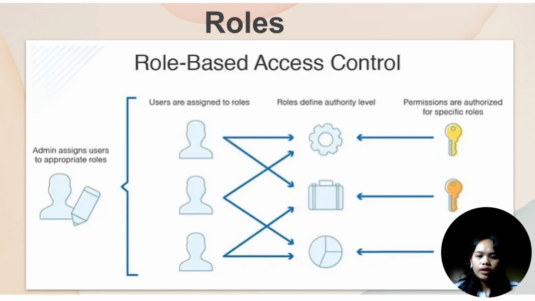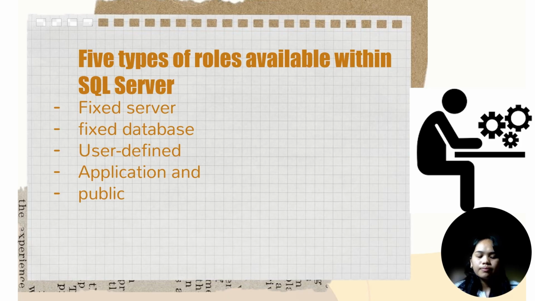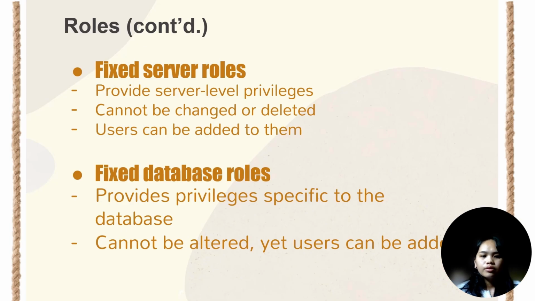Okay, next. We're going to talk about five types of roles available within SQL Server: fixed server, fixed database, user-defined, application, and the last one, public. Fixed server roles provide server-level privileges and cannot be changed or deleted, but users can be added to them.